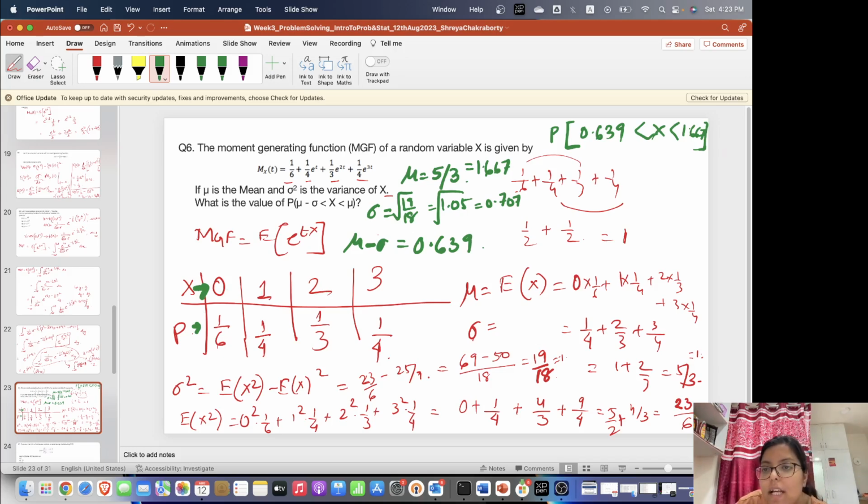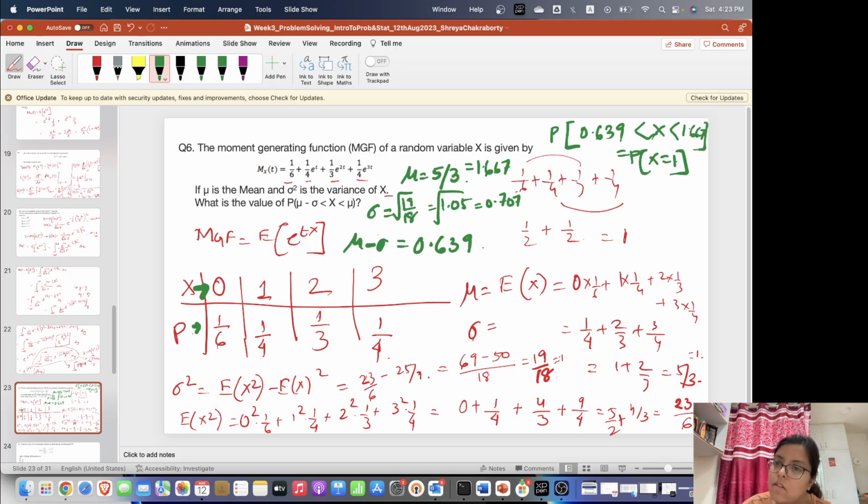So here we are saying that x is greater than 0.6 but less than 1.667. So the only value that x can attain within this range is 1. If it is 0, this condition is violated. If it is 2, this condition is violated. Only when x equals 1, both the conditions hold true. Do you get my point?